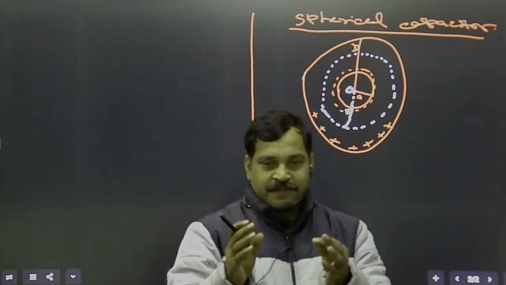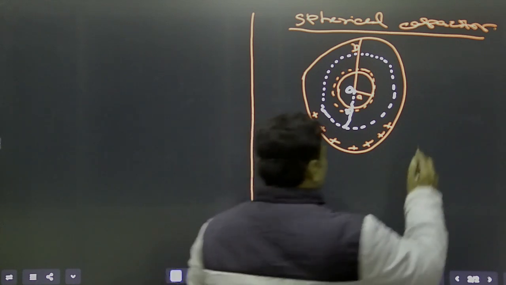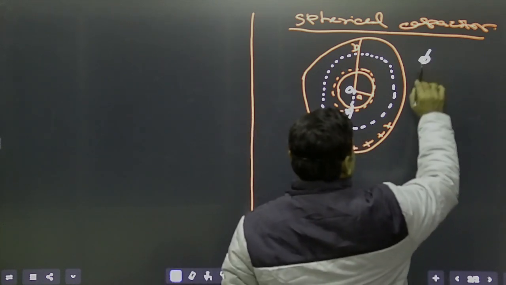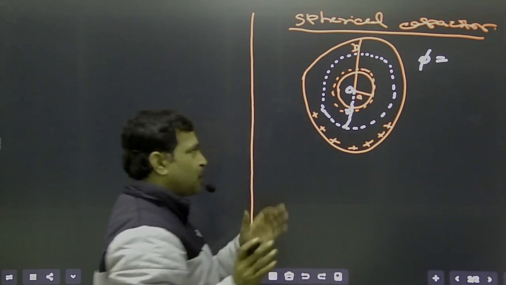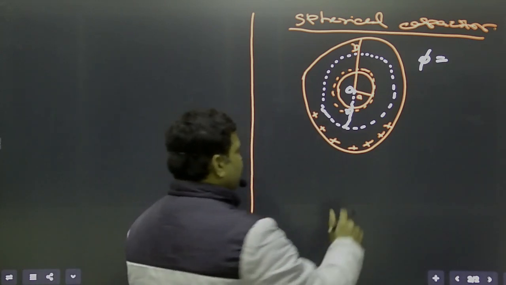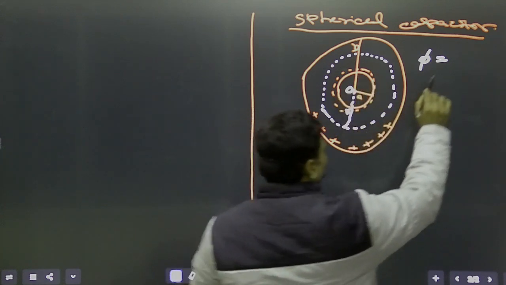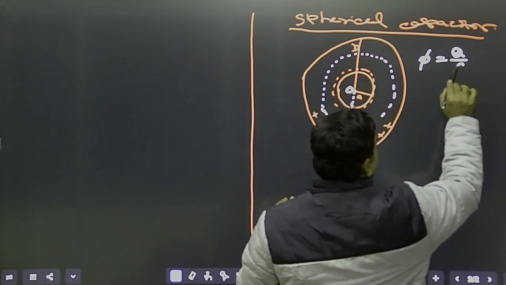For a Gaussian surface, the electric field can be found from the flux. Flux is equal to 1 upon epsilon naught times the charge enclosed by the surface. In this case the charge is q, so this will be q upon epsilon naught.